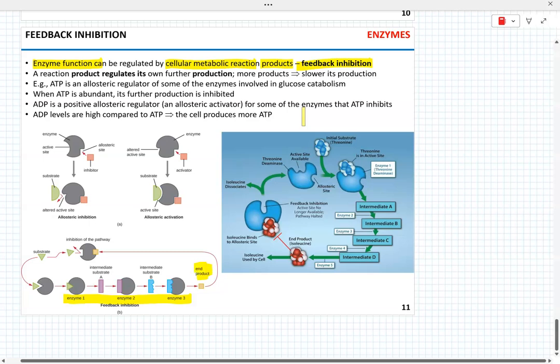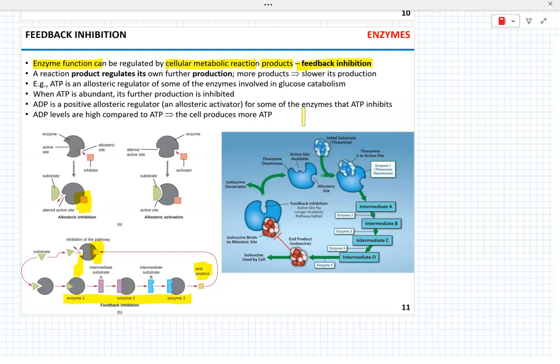This end product effectively serves as the allosteric inhibitor of enzyme 1. In other words, if the product becomes too abundant, the metabolic pathway that generates the product will be inhibited and the enzymatic activity will be reduced.